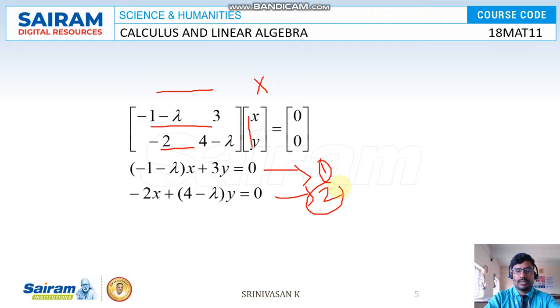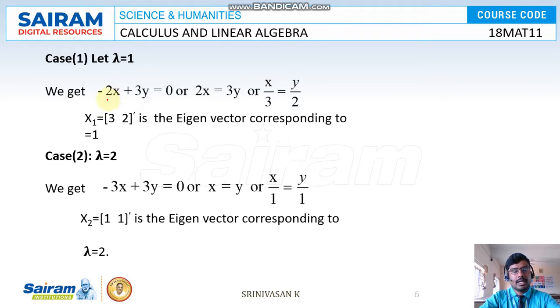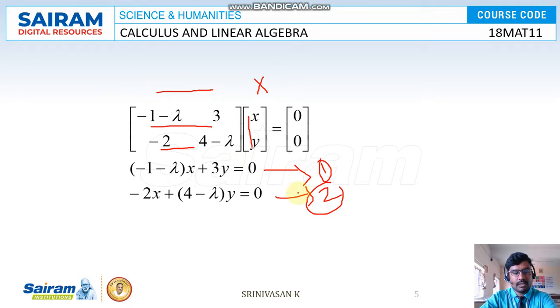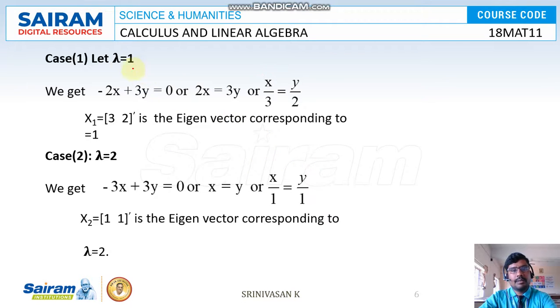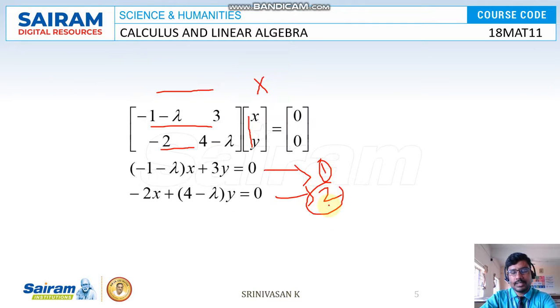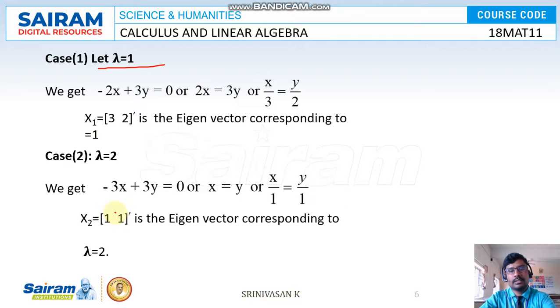Simplifying this, we get two equations: this is the first equation and this is the second equation. Before, we got the lambda values, so if lambda equal to 1, we substitute lambda equal to 1 in these two equations.